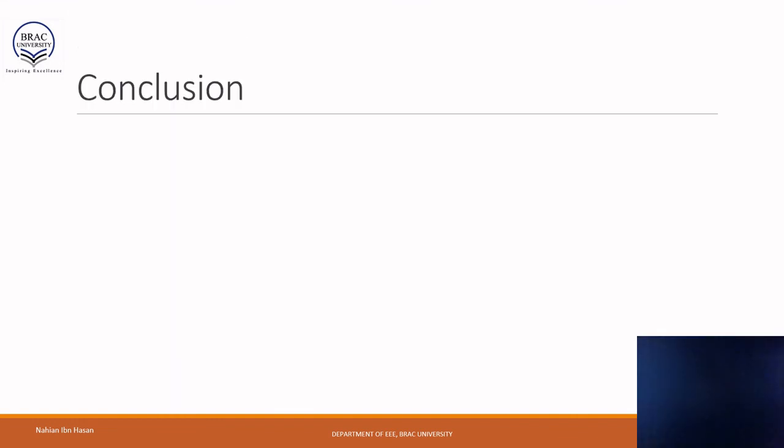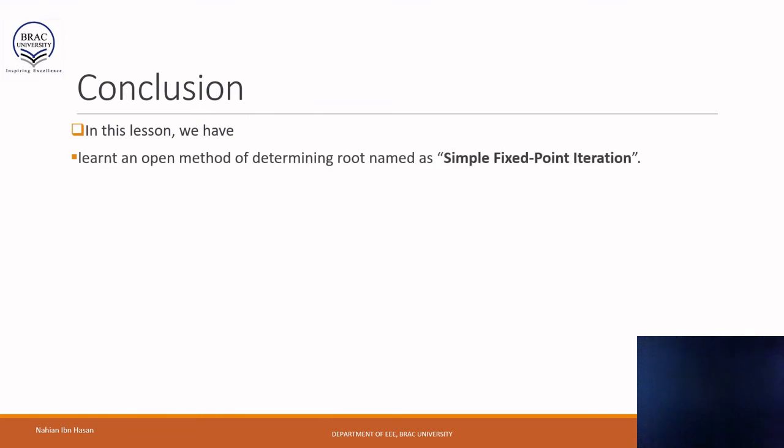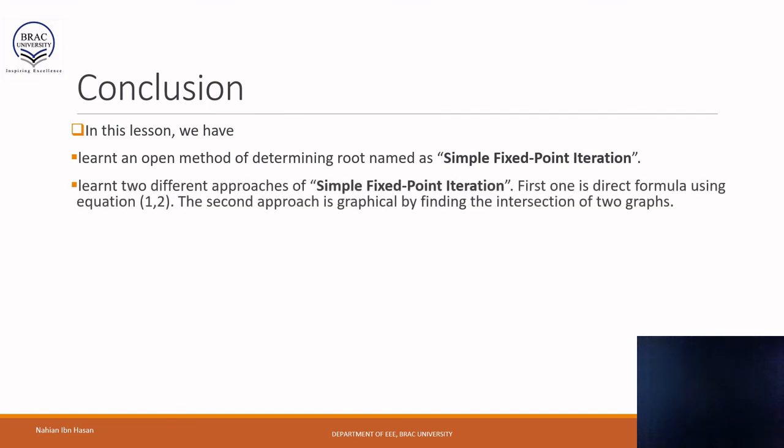So what we have learned in this lesson: we have seen the simple fixed point iteration, how to calculate the root of an equation using the simple fixed point iteration, our very first open method. We have also seen the difference between open methods and bracketing methods. Bracketing methods require two starting points, but open methods require a single starting point, and that's the main difference.